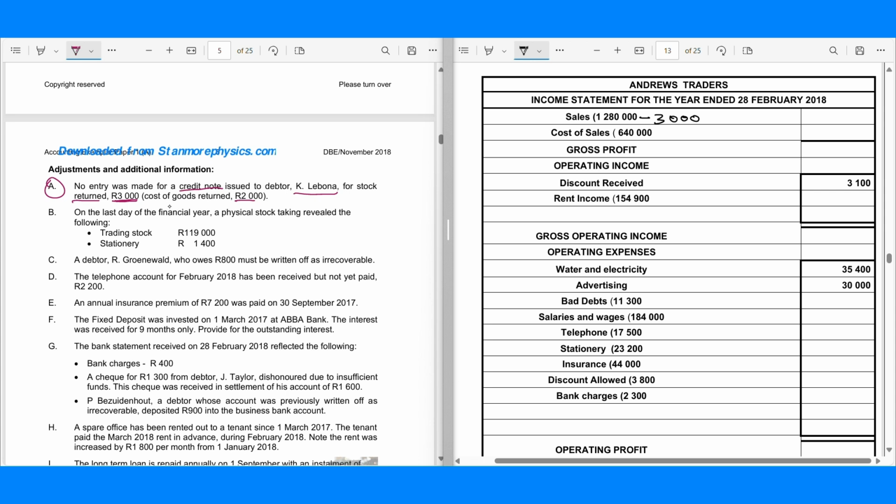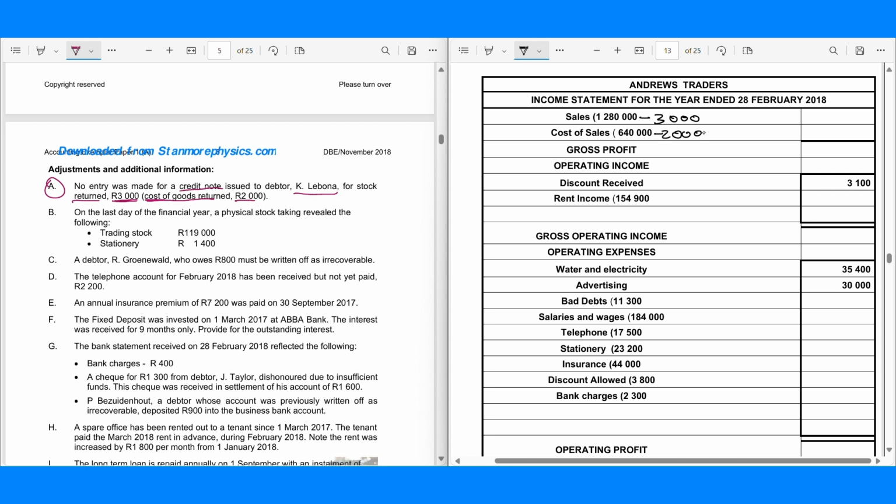So when they are saying cost of goods returned, this is a cost price, and it is going to be recorded in the cost of sales. We are going to minus 2,000.